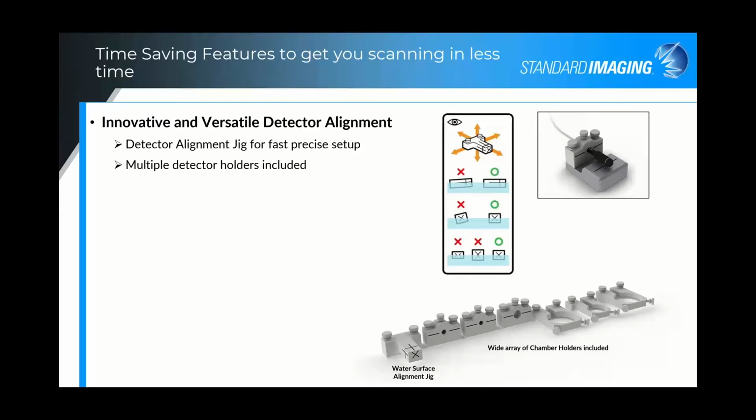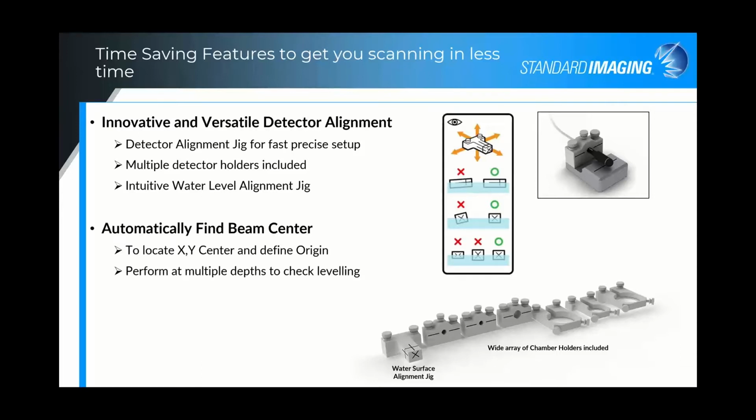We've got the multiple detector holders included, including not only for our A28 scanning chambers, but also Farmer chambers, a universal holder, and then a number of different ones for parallel plate chambers too for your electron measurements. That intuitive jig, you can see that cartoon drawing showing you how the visualization works.